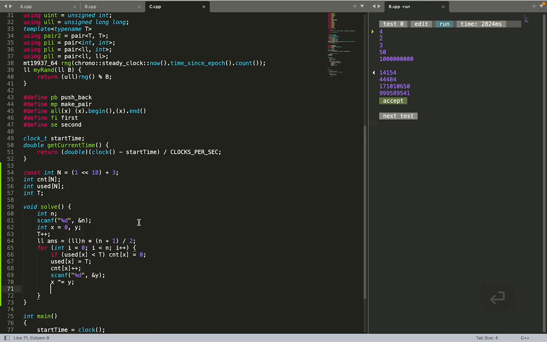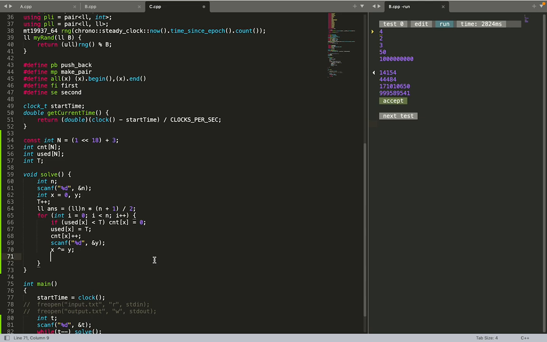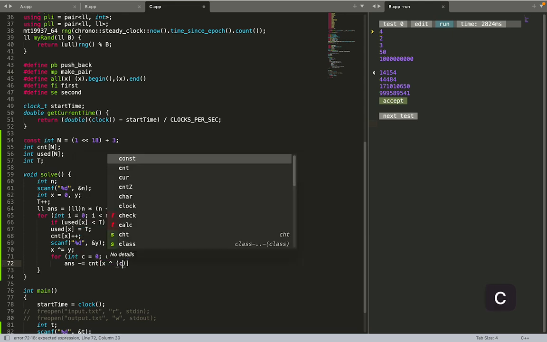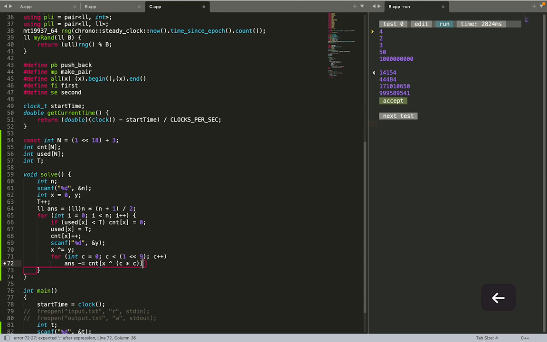get new prefix XOR, and now I need to try all the numbers such that their square is up to 2 to the 18th, and subtract from answer the number of previously seen prefix sums such that the XOR with current prefix sum will be the square of this number.